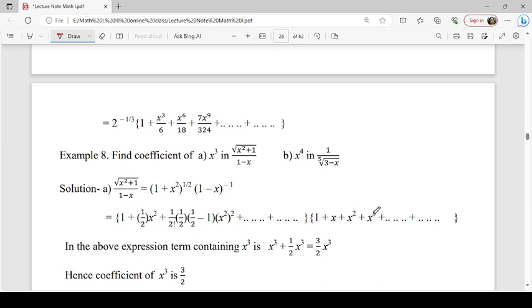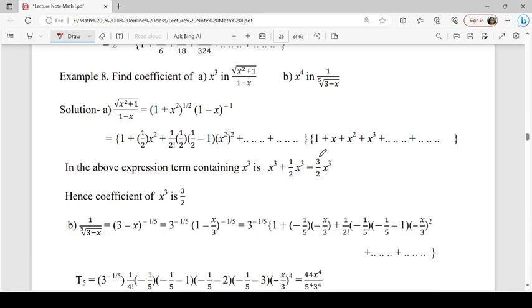So x cube comes from the second term of this expansion multiplied by the fourth term of the other expansion, and the fourth term of this expansion multiplied by the first term of the other. So this will give us x cube. We are adding it. It is 3 by 2 x cube. So when we multiply, we get the term containing x cube, and the coefficient is 3 by 2.